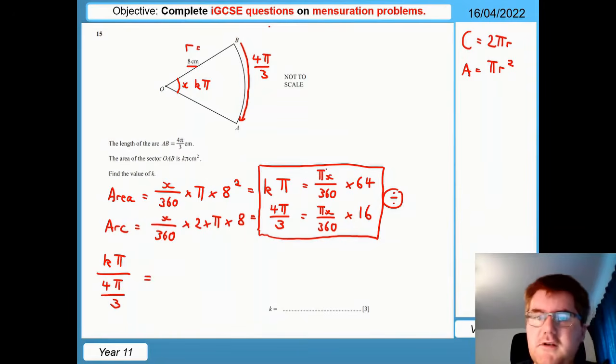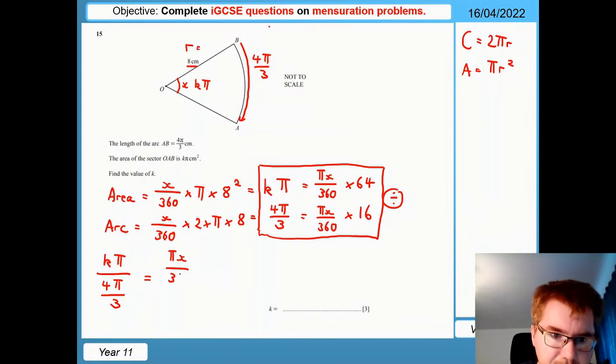Well, that's equal to pi x over 360 times 64. So I'm going to write this essentially as a huge fraction. But you'll see lots of things simplify. Divided by pi x over 360 times 16.